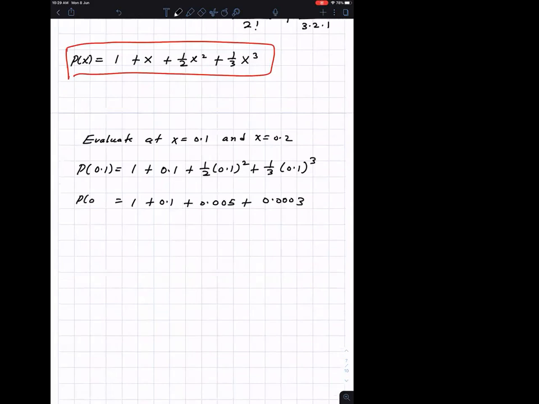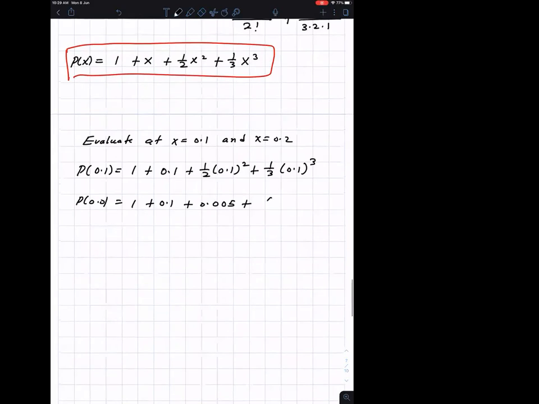Actually, you can just leave this in fractional form, 0.001 divided by 3. You punch them later in the calculator and it will go on, the more decimal places the better.